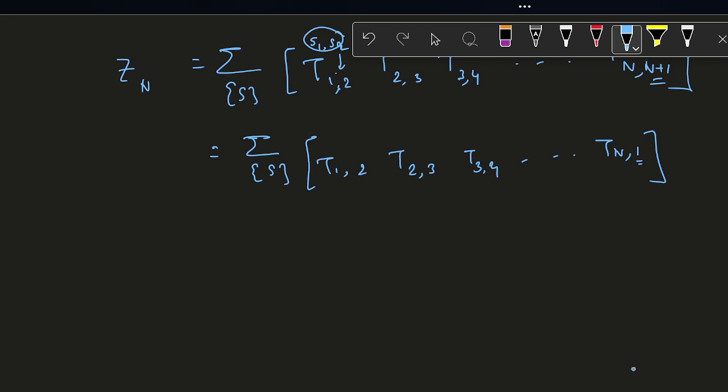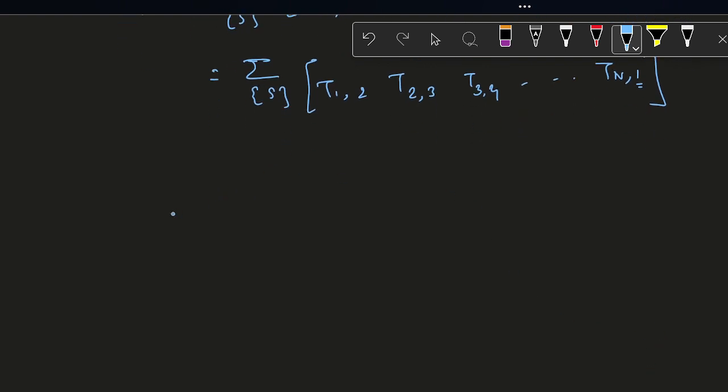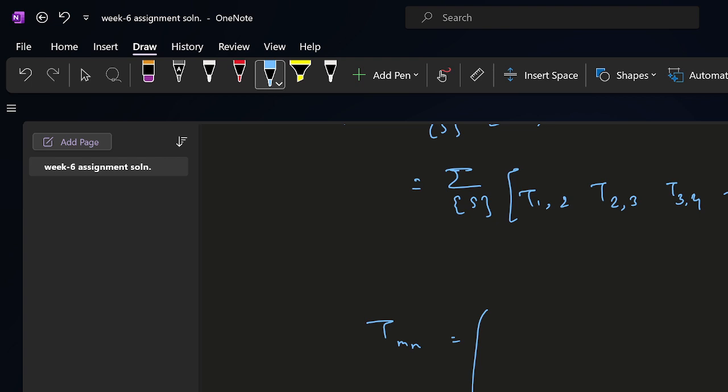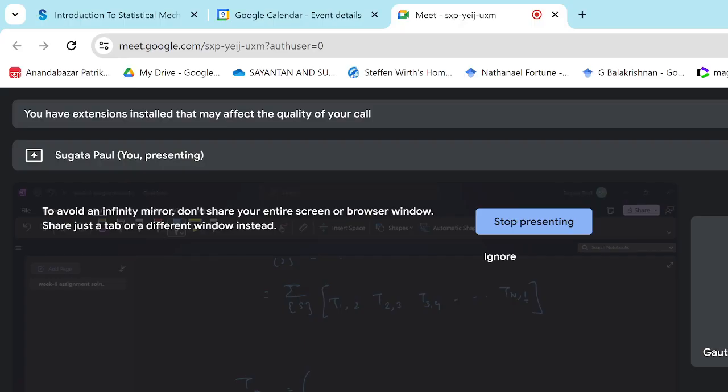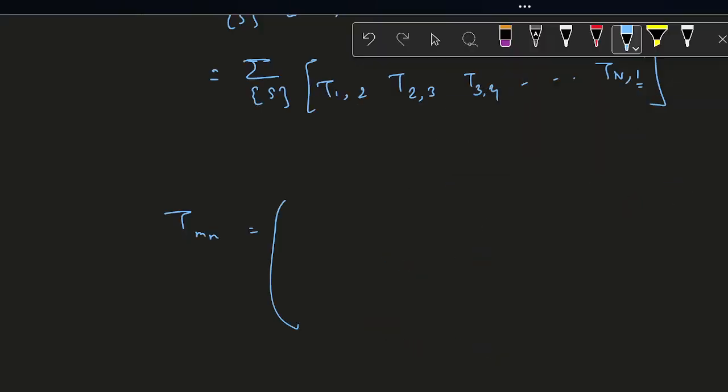Now after we have done that, we can directly go on calculating the elements of the transfer matrix. So clearly, the transfer matrix T, let's say T_mn, for the spin values m and n, can be written with elements like this.